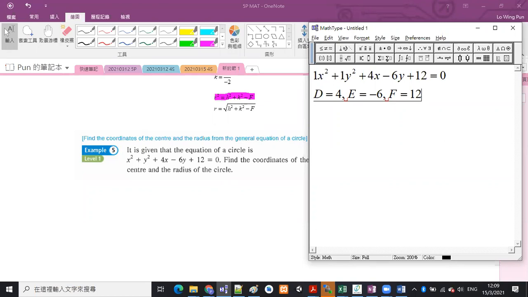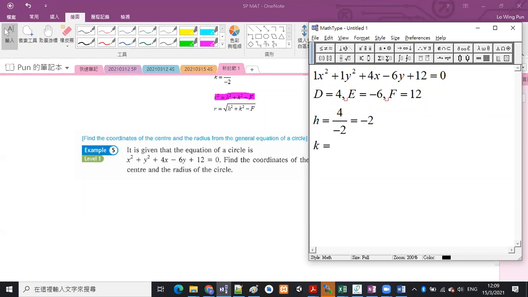It is dx plus ey plus F, okay? Including the positive and negative signs before the number. Then our H value will be D over -2, which is equal to -2.